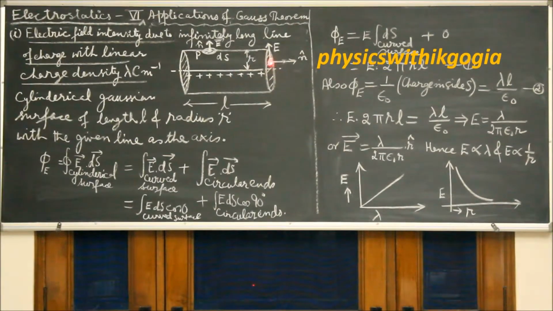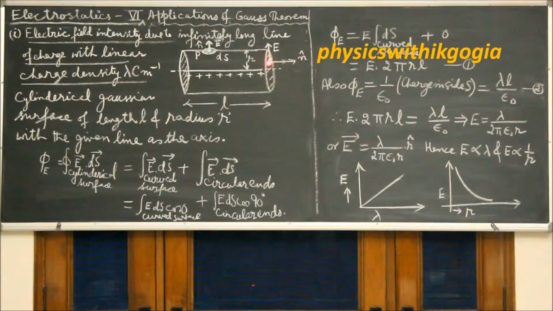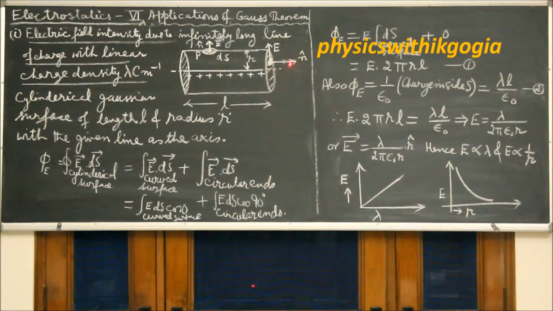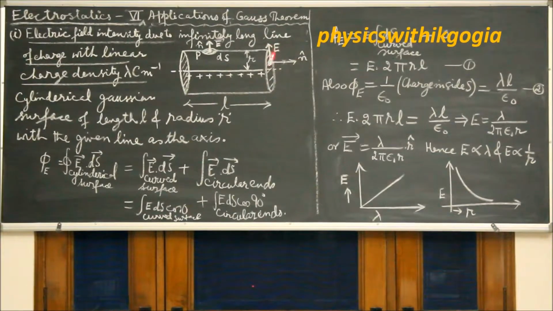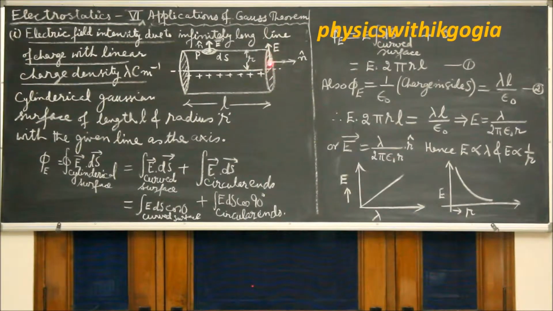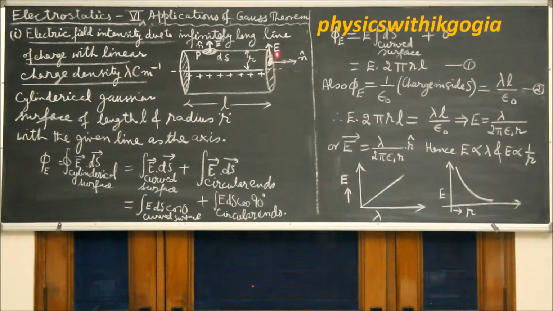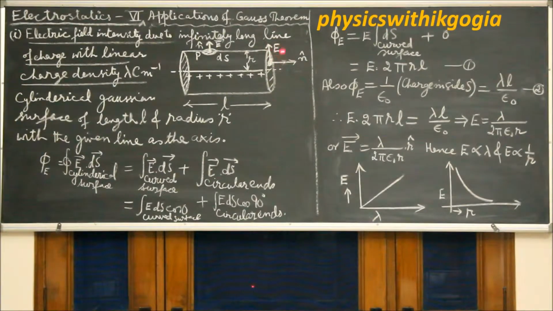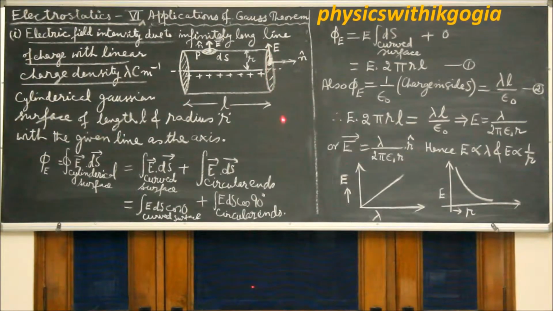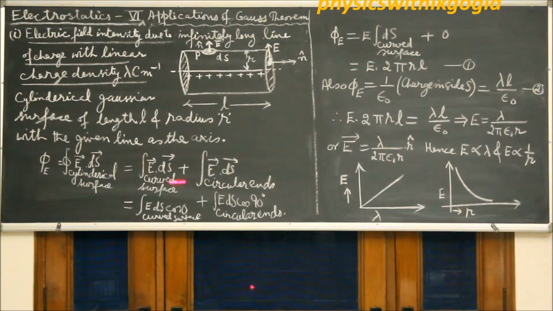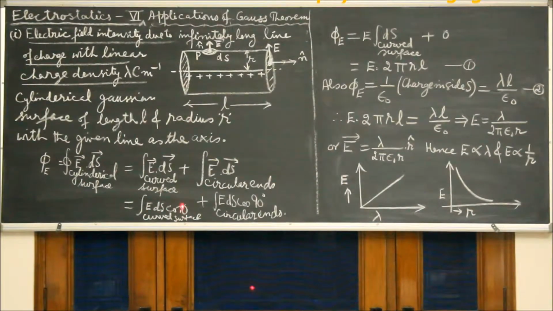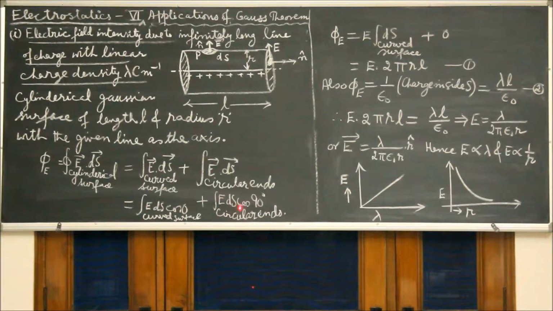However, if you take an elementary area here, the normal is horizontal and the electric field is vertically upward, because the field will be away from the positive charge again. So the angle between the field vector and area vector is 90 degrees for this circular end as well as this circular end. So we can rewrite this expression as E ds cos 0 for the curved surface and E ds cos 90 for the circular ends.